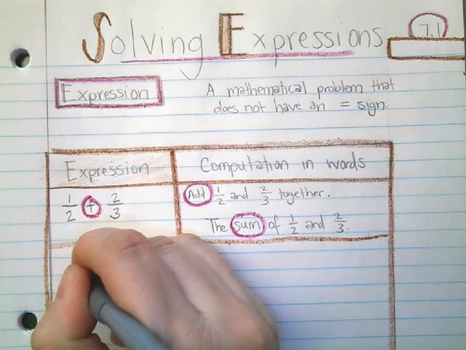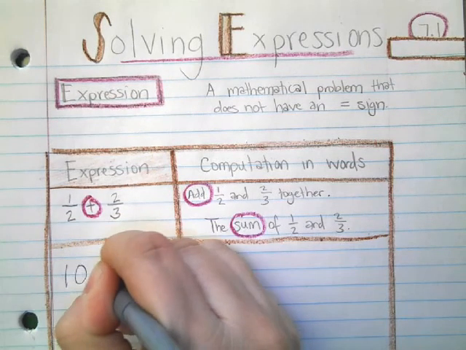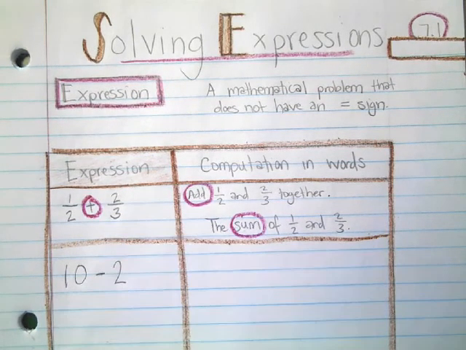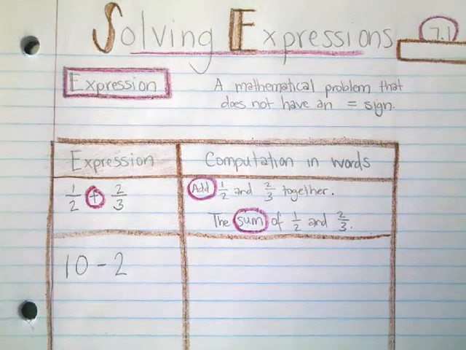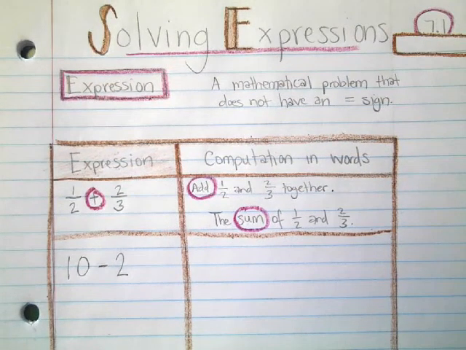Here it is. I know it seems so simple, but that really is what we're doing. Okay, you might have said in your head 10 minus 2. I want us to get a little more mathematical than that. What is really happening here other than minus?